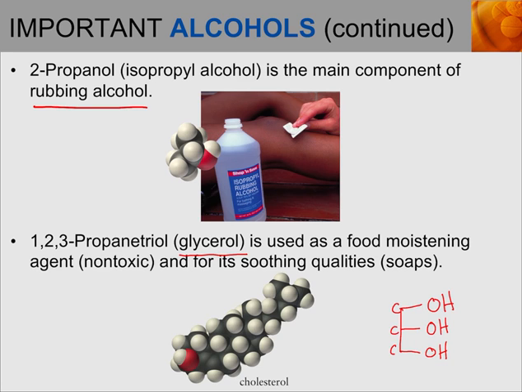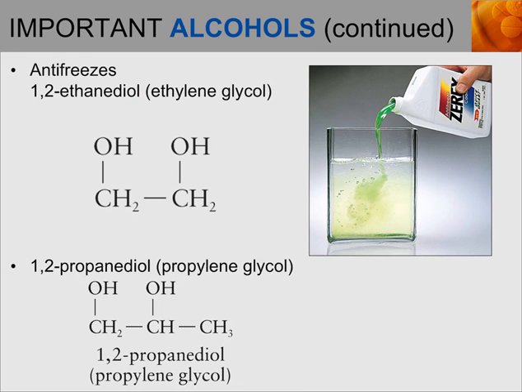So this glycerol molecule is used as a food moistening agent, which sounds kind of weird, but it is non-toxic, so it's okay. And then it's also used for its soothing qualities, so you can use it to make soaps. And I'm not sure why cholesterol is shown down here. I apologize. That's a mistake on my part.